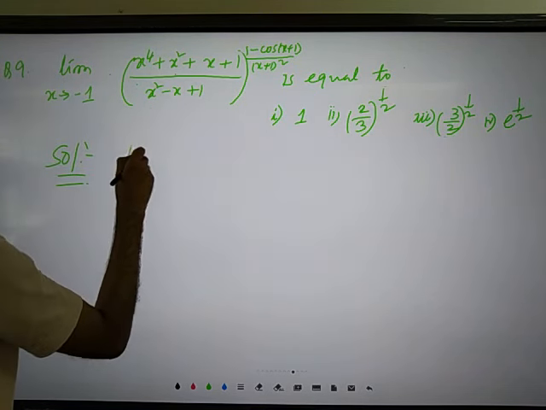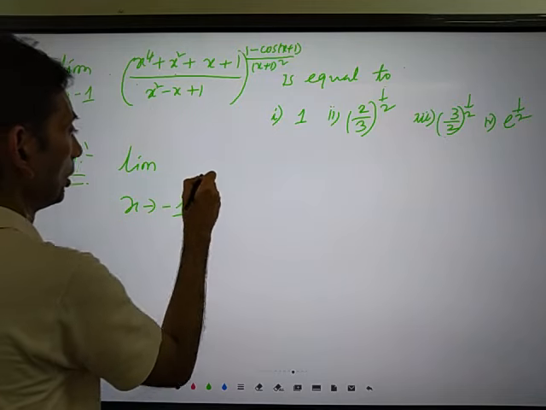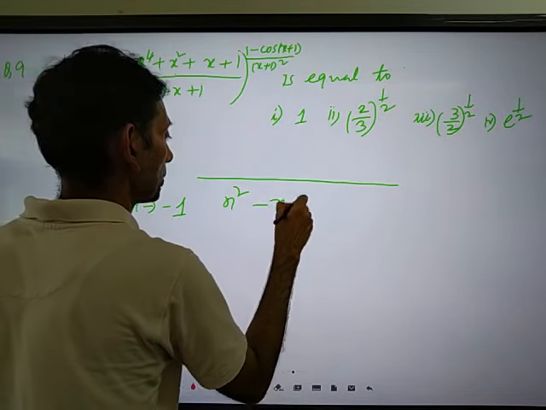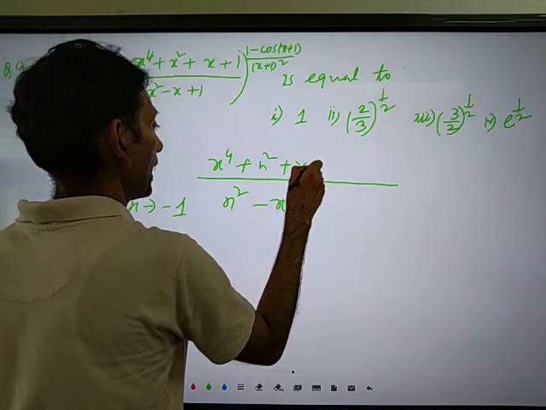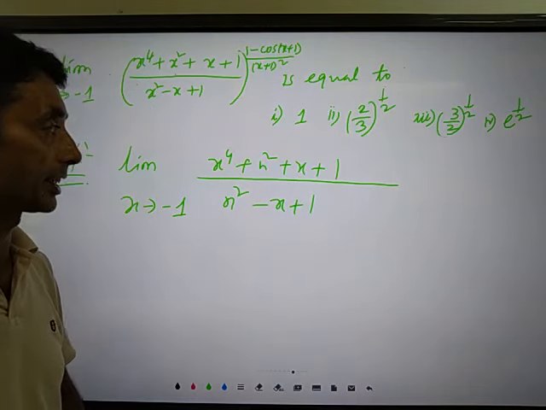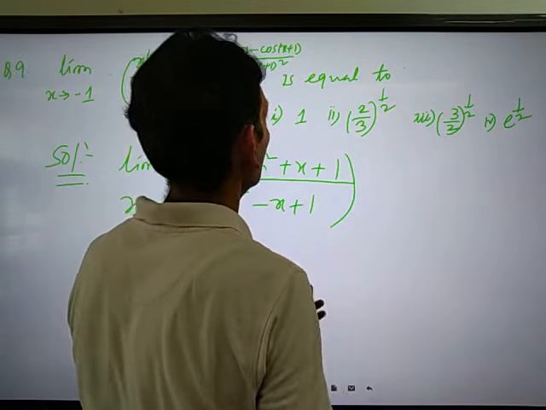Limit x tends to -1. Let me write the question once: (x square minus x plus 1), (x to the power 4 plus x square plus x plus 1), then (x to the power 4 plus x square plus x plus 1) to the power, what is the value?